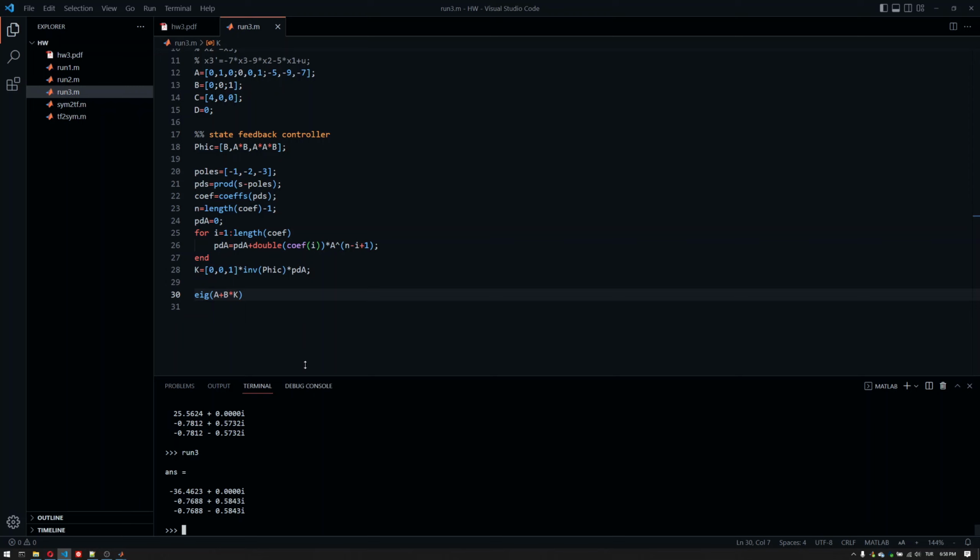No. Oh, seems like we did mess up. So the inverse of that times PDA. If I is equal to 1, it will get rid of that. Nice.